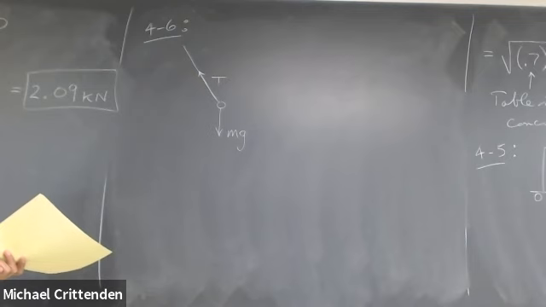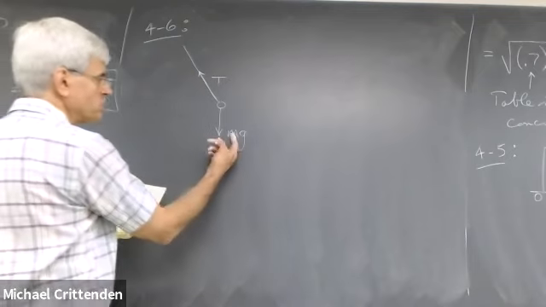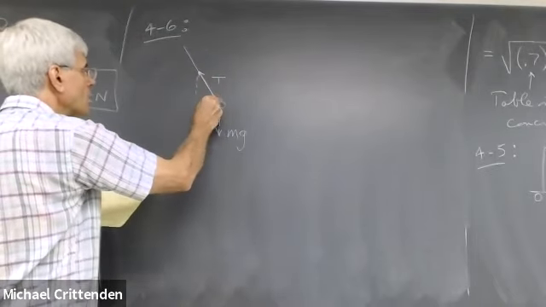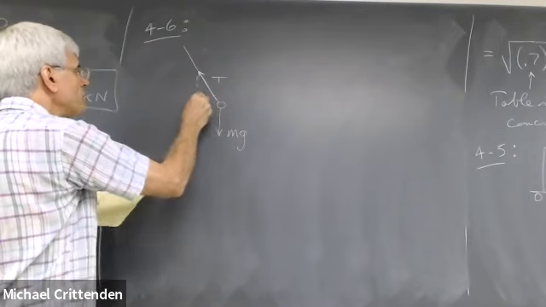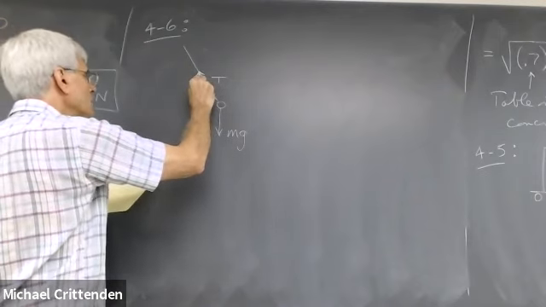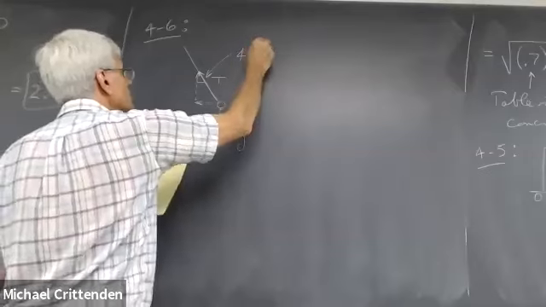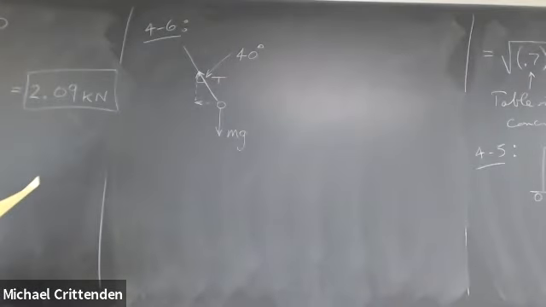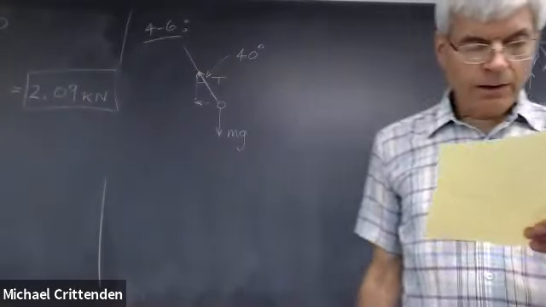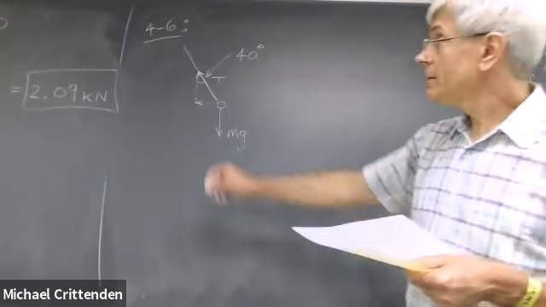After you've drawn the free body diagram, the next step is components. Nothing to do here, that's straight down. As for the components of the string tension, the X component is the opposite side, okay?